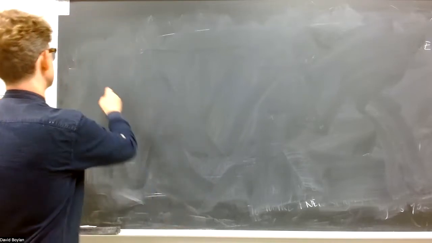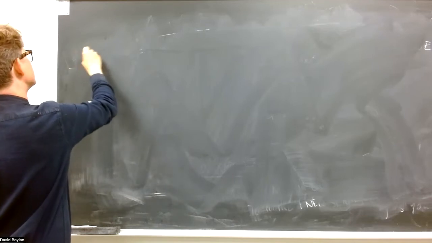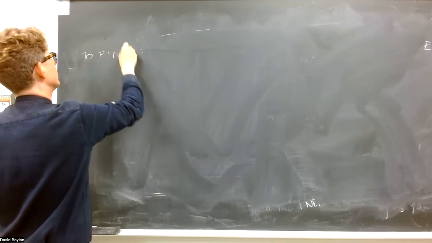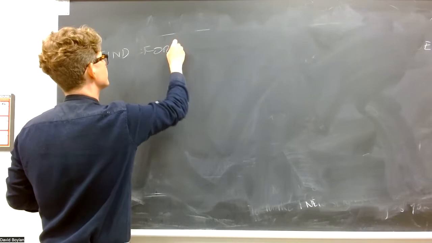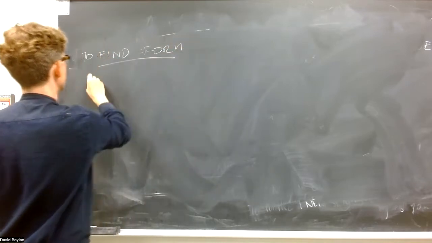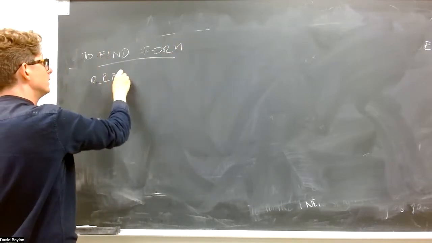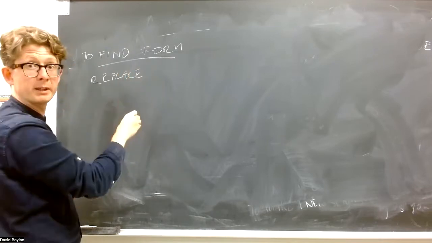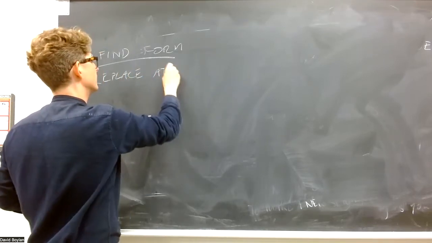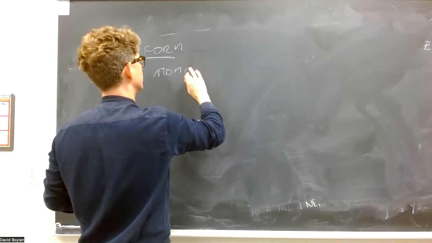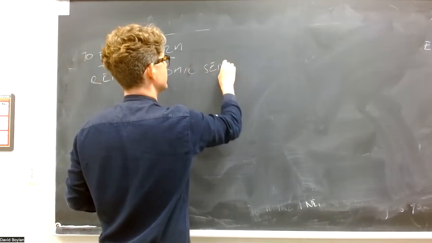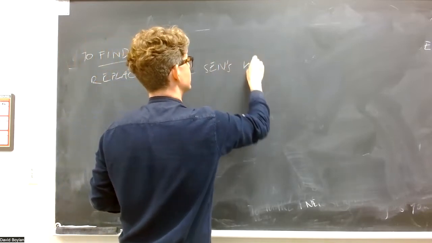Let me just write that down. To find the form, you replace the atomic sentences, or sentences, with letters.